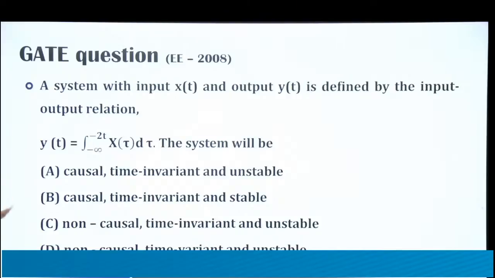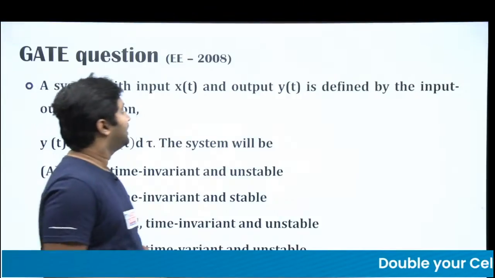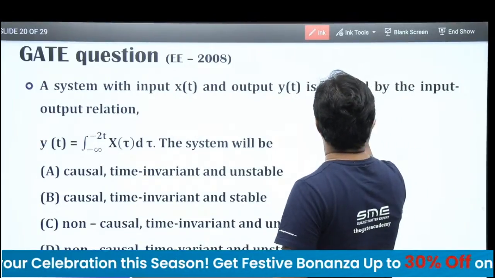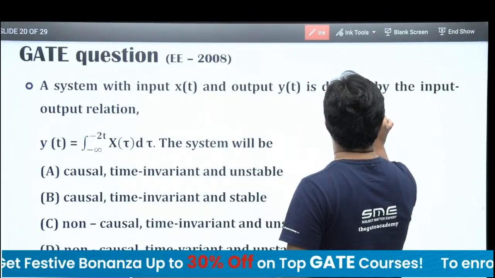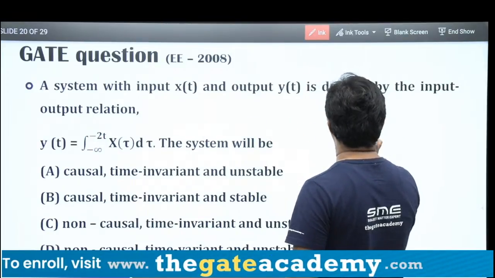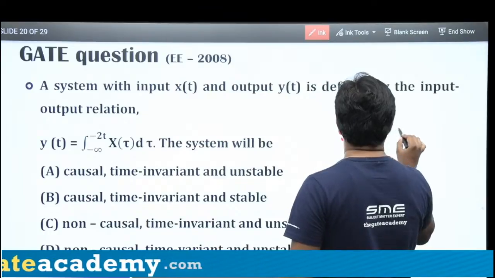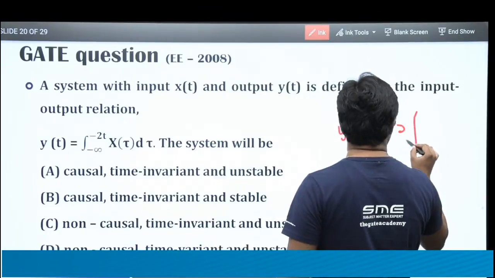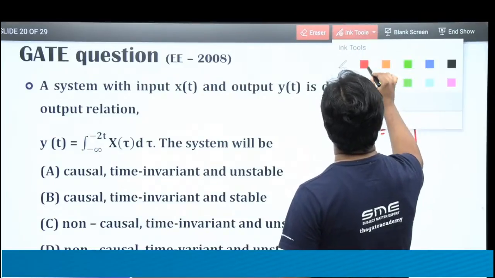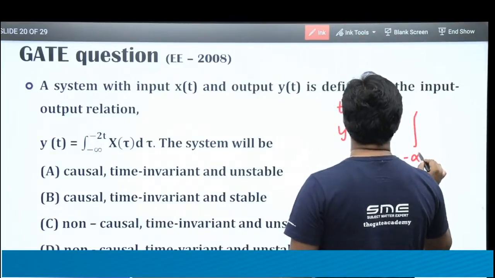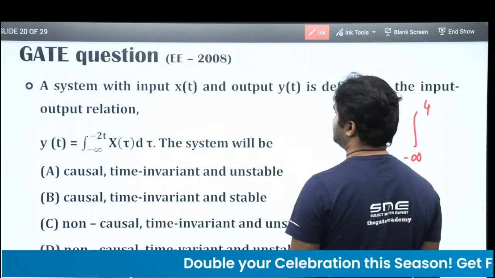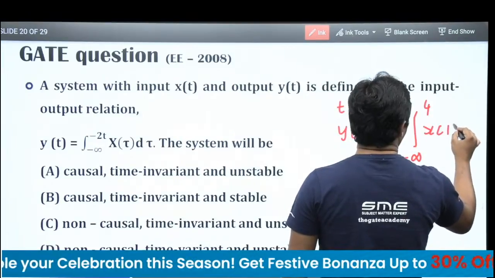First of all, let us talk about causality. If I put t is equal to minus 2, then y of minus 2 is equal to integral minus infinity to, with t equal to minus 2, this is nothing but 4, x of tau d tau.